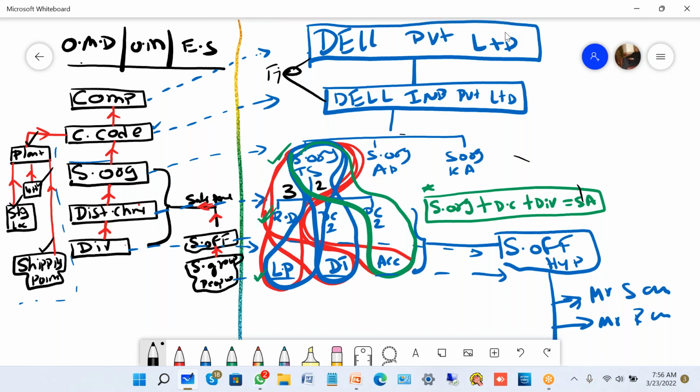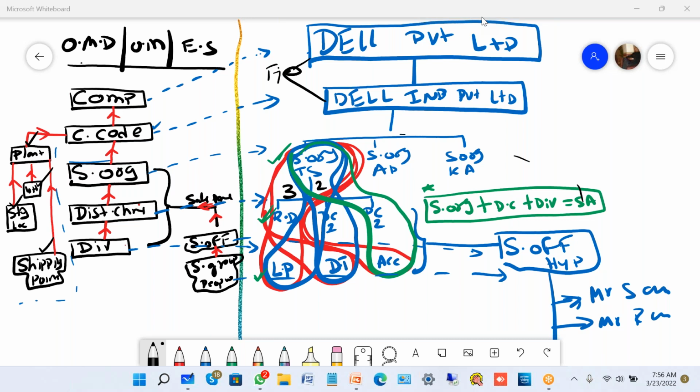If I start explaining these, it takes a good time. In tomorrow's session, we're going to complete the hierarchy of Dell on the board, connecting these areas' structure also over here, so that the complete business model is drafted on the board as an organization structure by the middle of tomorrow's session. Then tomorrow I'm going to show you how to log into the SAP screen, and slowly we'll start setting them all up in the SAP screen by the name Dell.